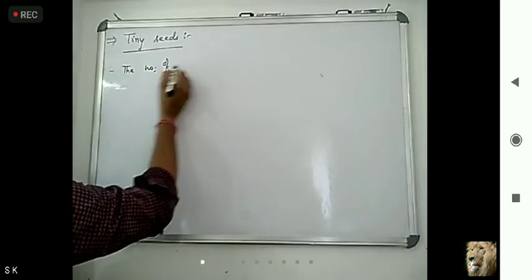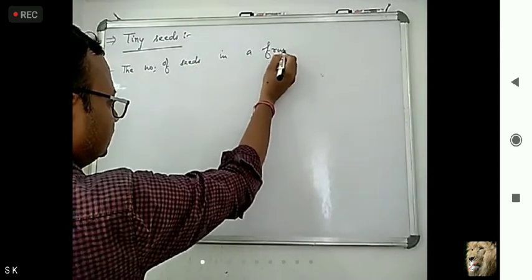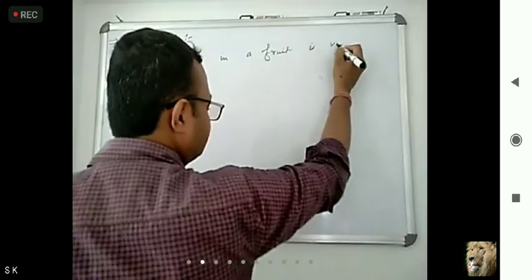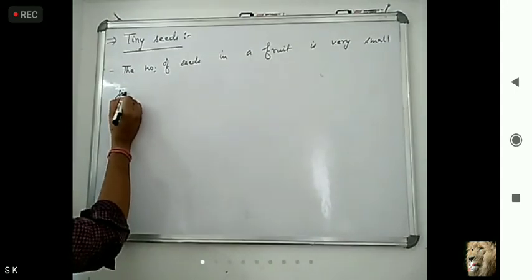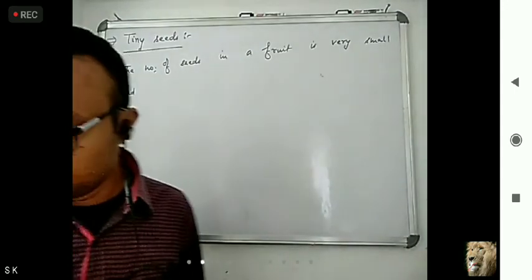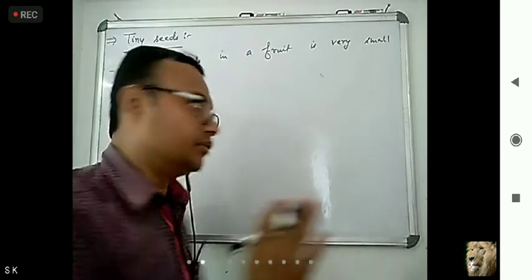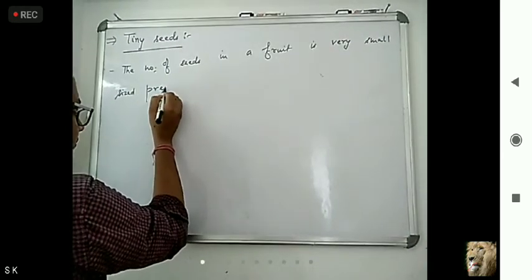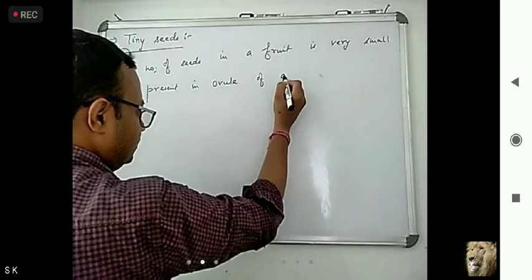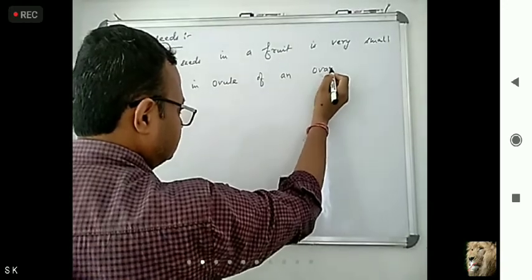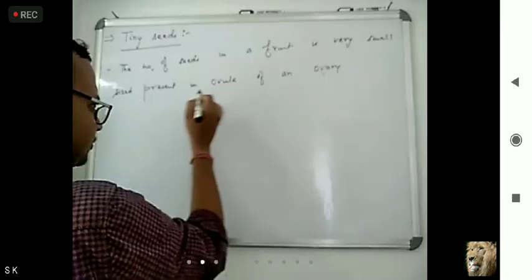The number of seeds in a fruit is very small sized, present in the ovule of an ovary.